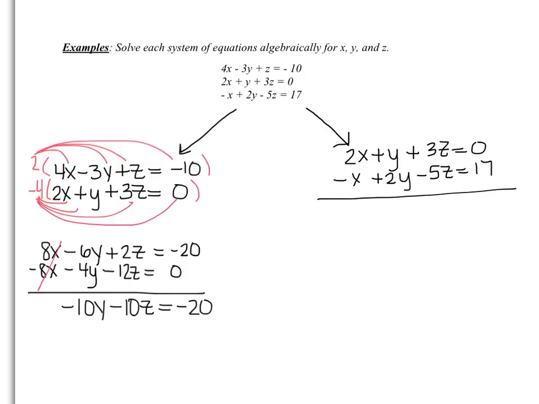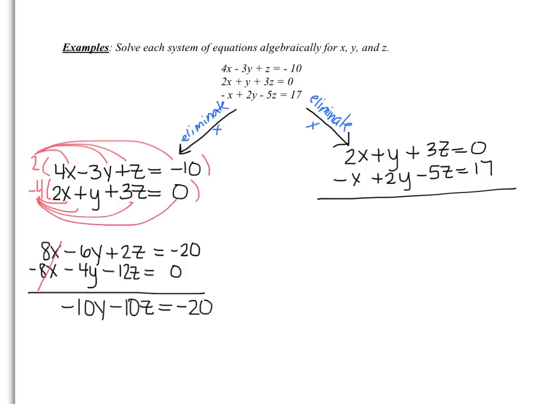And we're going to eliminate the same variable that we eliminated here. So here we eliminated the x's, so here we're going to eliminate the x's as well. So if it helps, maybe we could write eliminate x, and then here eliminate x.